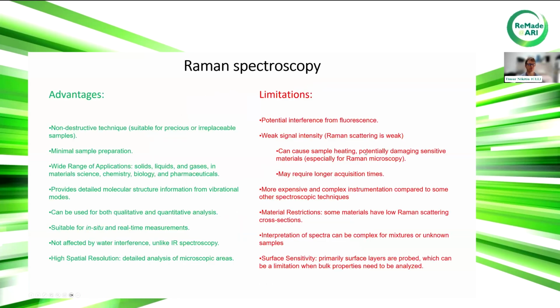Okay, before we continue to the practical examples, let's highlight some advantages and limitations of this Raman spectroscopy. So, of course, first main advantage, this is a non-destructive technique suitable for precious and irreplaceable samples, for example. Of course, we have to take into account that in the case of the Raman microscope, we are working with laser light focused into very small spots, about 1 micron.